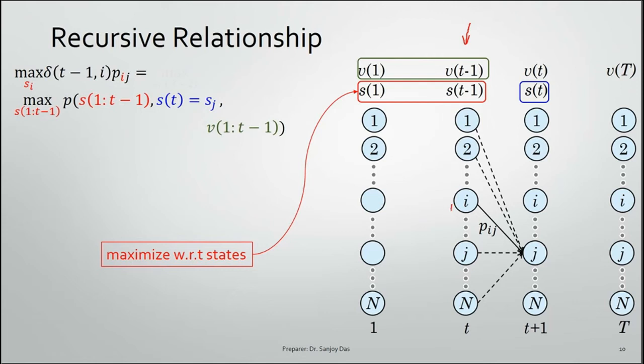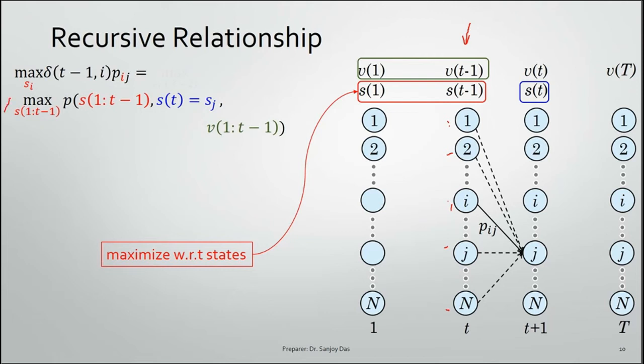This Si could have been anything. It could have been S1, S2, S3, Sj, or Sn. So I would have so many different delta t-1(i) Pij for each of these states. I pick the maximum one. And that's equal to this.